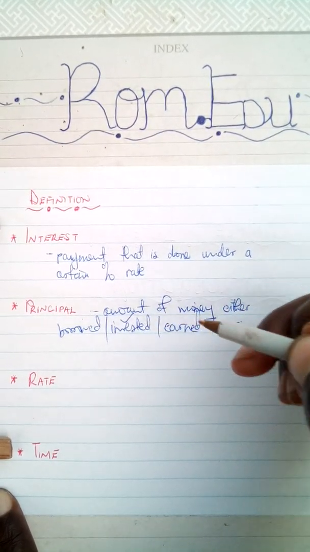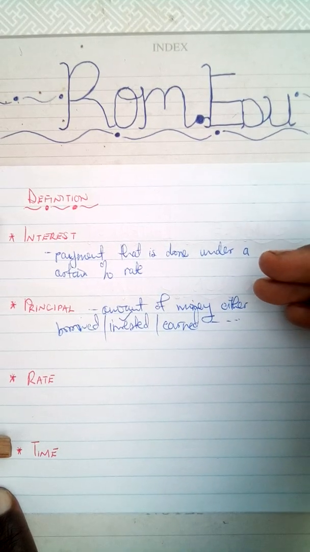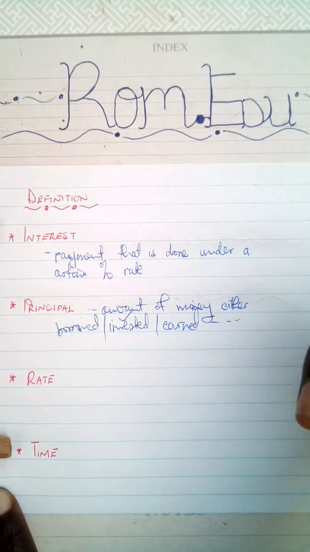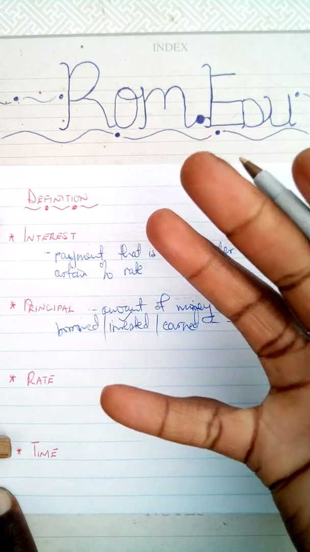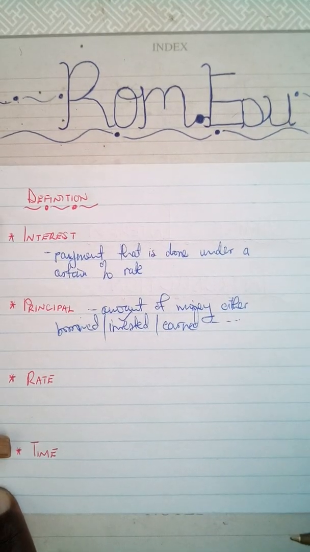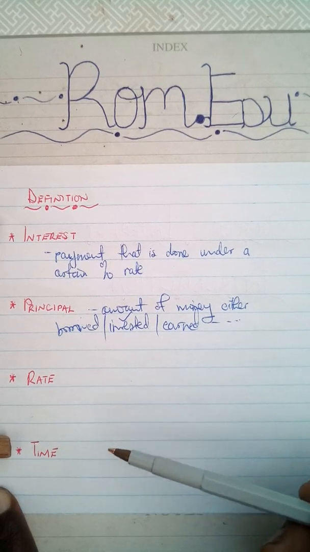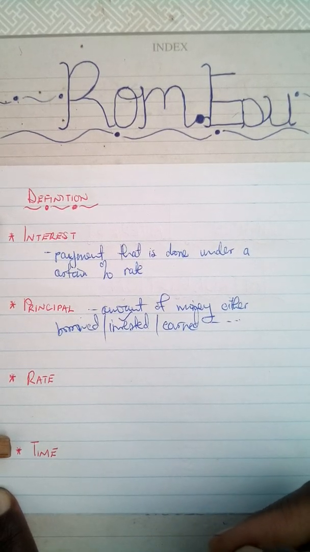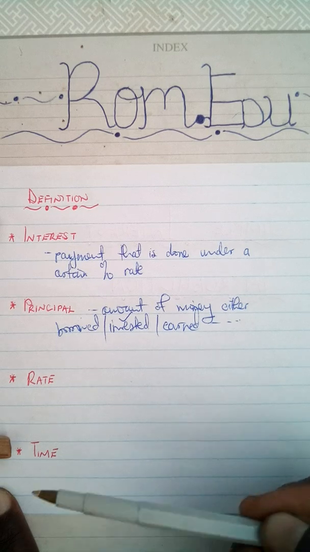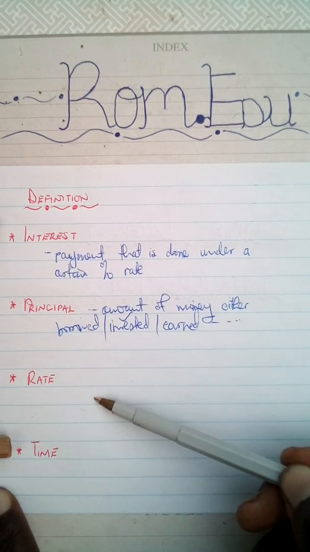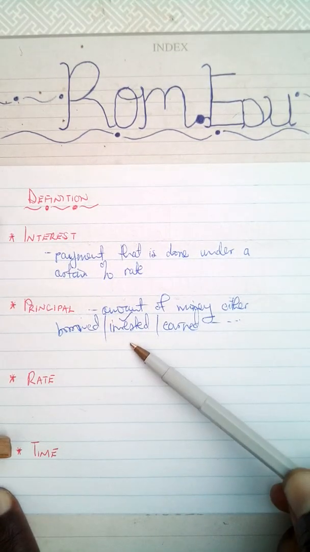Or someone might want to invest. Let's say, for example, I want to keep a certain amount of money, but I can't save it in my own account or in my own hands, so I have to save this money in the bank.